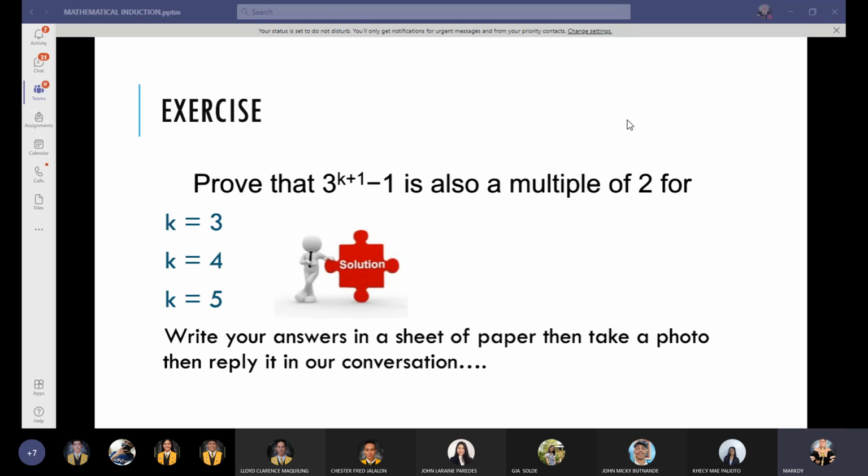We have 81 minus 1, that is 80. 243, 242. Okay, that's a multiple of 2.